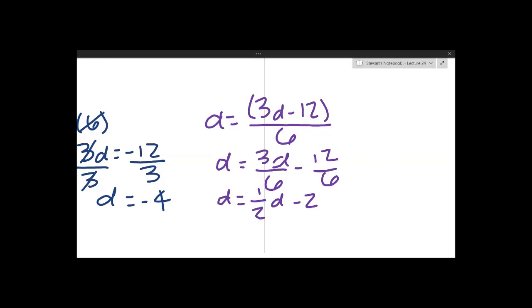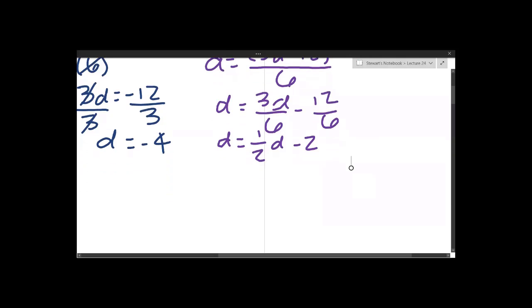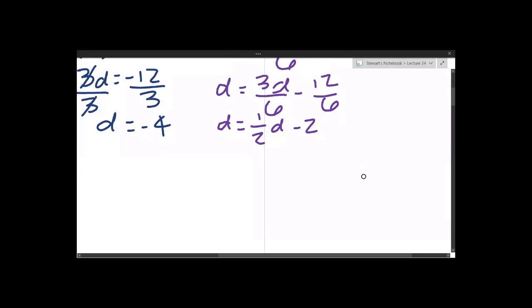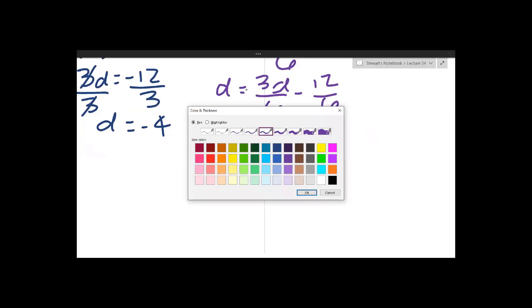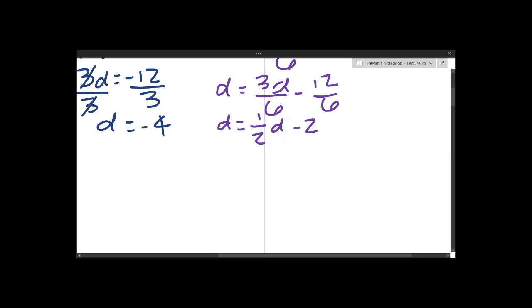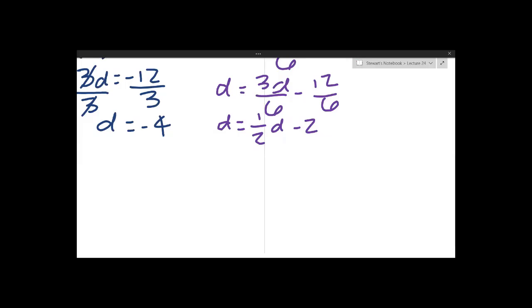Now we're left in a really similar situation where we have the variable on both sides, and we'd want to either add or subtract or combine like terms so that the variable is only on one side.